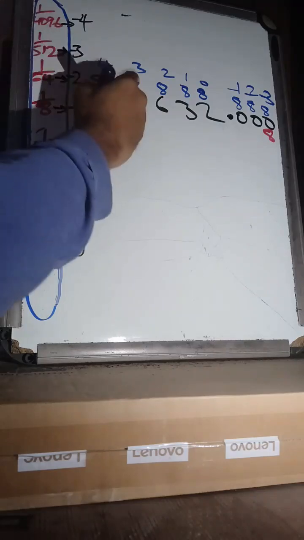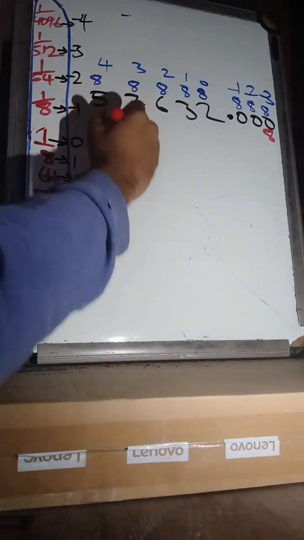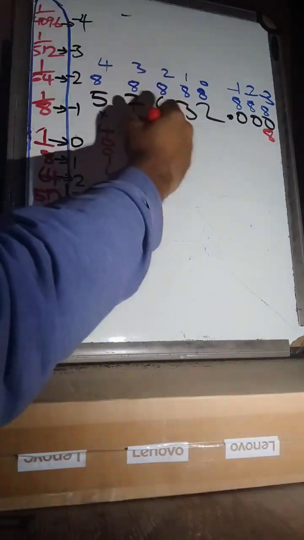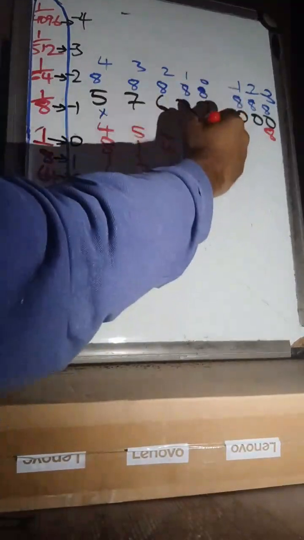So therefore 8 to the 4 now is what? 8 to the 4 is 4096. Then to the 3 is 512. Obviously, this is just 64. This is just 8. And this is your 1, right?